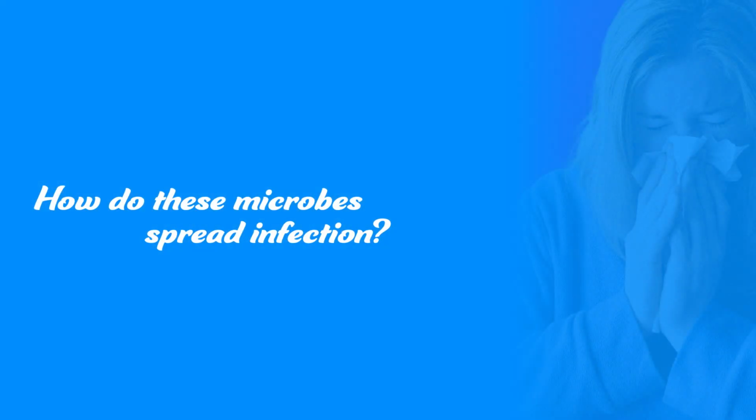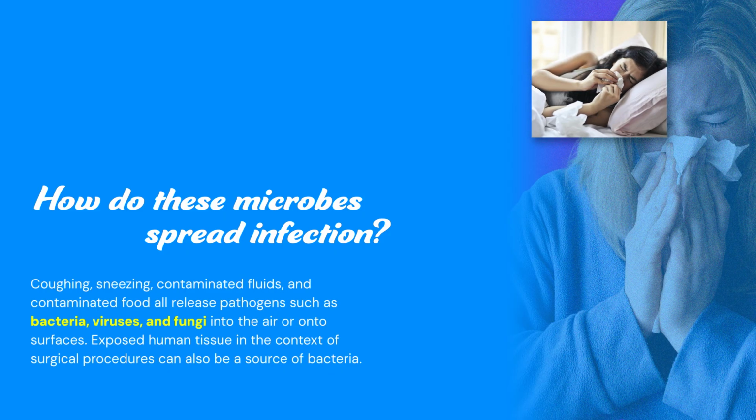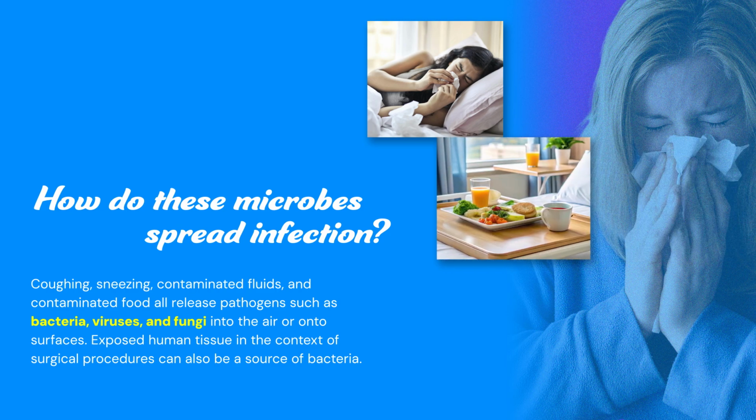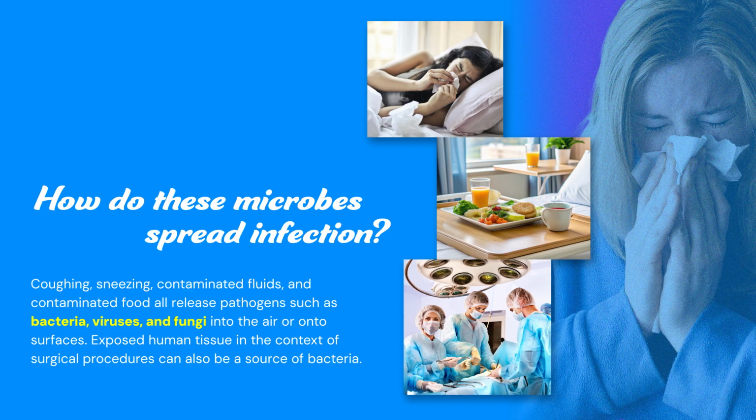How do these microbes spread infection? Coughing, sneezing, contaminated fluids, and contaminated food all release pathogens such as bacteria, viruses, and fungi into the air or onto surfaces. Exposed human tissue in the context of surgical procedures can also be a source of bacteria.